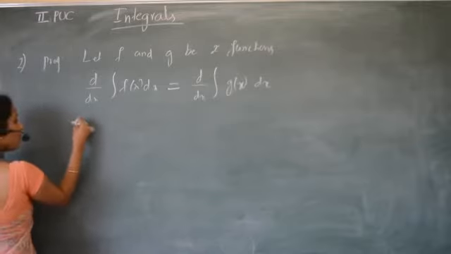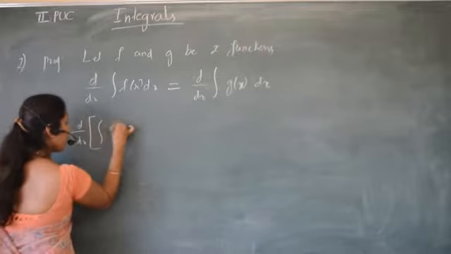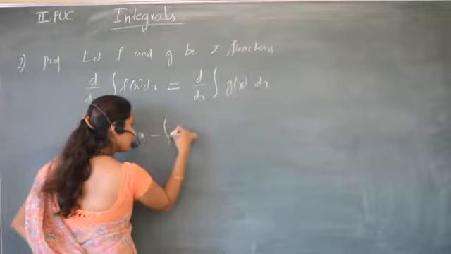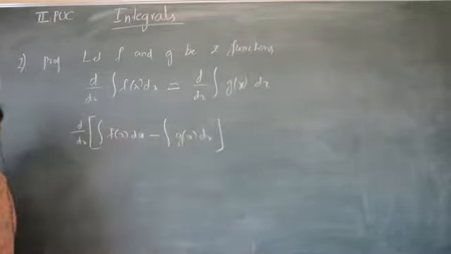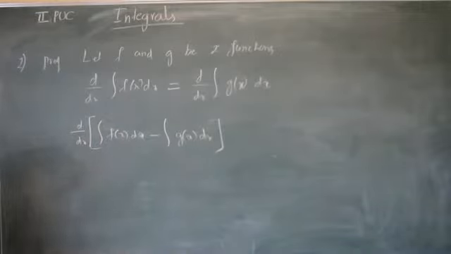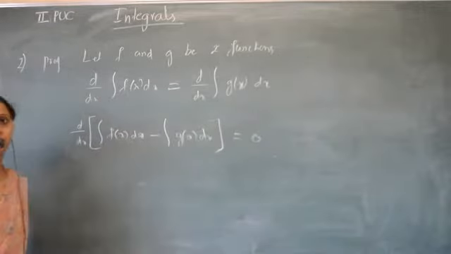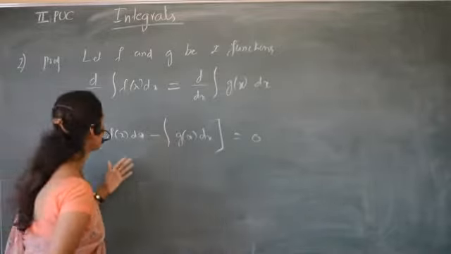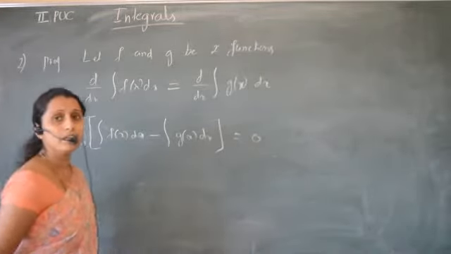Next I can write the derivative of integral of f of x dx minus integral of g of x dx, and that will be equal to 0, because I have taken all the terms to one side. Now the derivative is 0, which means the expression itself will be a constant.